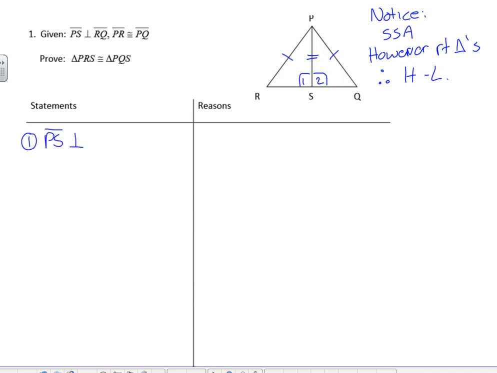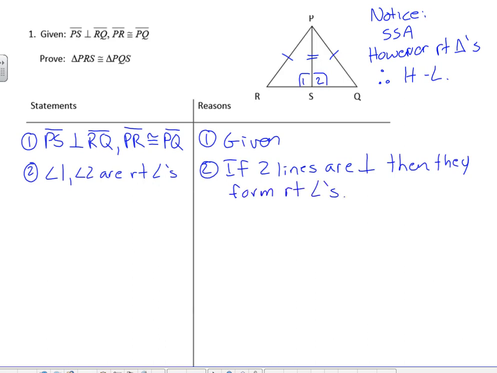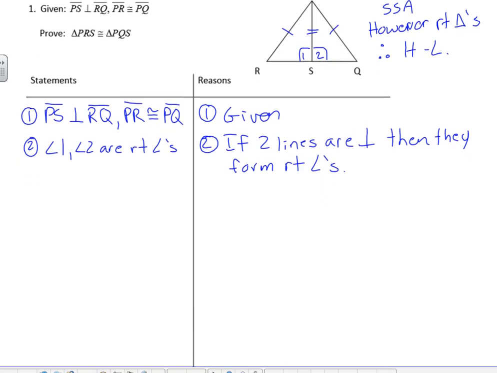PS is perpendicular to RQ, and PR is congruent to PQ. That is given. Next we say angle 1 and angle 2 are right angles, because if two lines are perpendicular, then they form right angles. This is why we've always done the right angles in two steps instead of one, for this scenario.